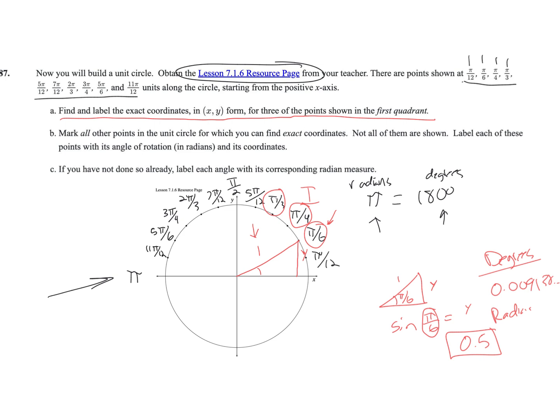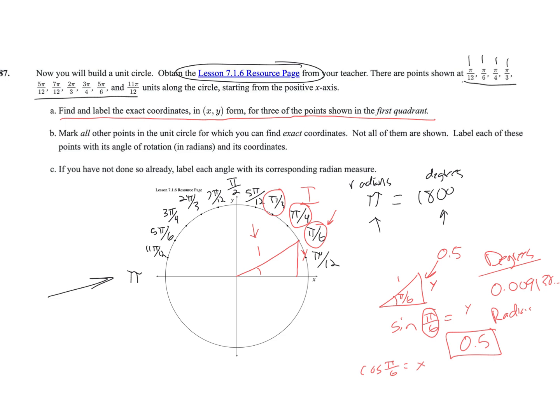So what this says is that my height on this triangle is 0.5. That is the y measurement on that coordinate, 0.5. Now once I've got that, I can do the same idea. I can do the cosine of pi over 6. It should be equal to my x value. So I'm going to do the exact same thing, except this time I'm going to find the cosine.